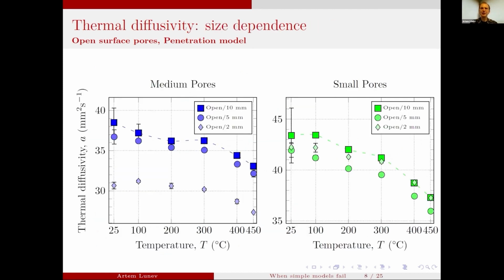But then we discovered a problem with those measurements. The problem consists in the size dependence of thermal diffusivity. So if you take different samples that have different thicknesses but the same diameter, you can come up with very different values of thermal diffusivity.